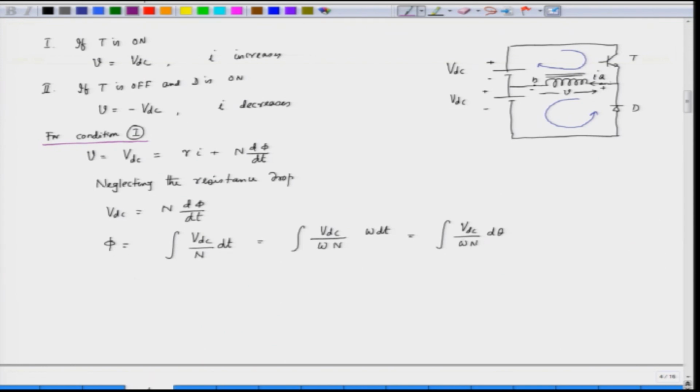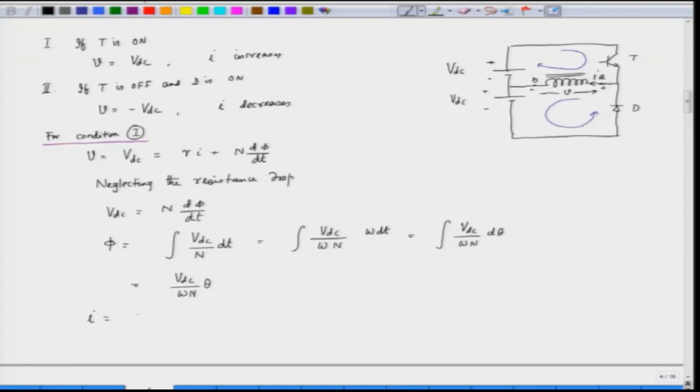So, the flux is given by the integral of VDC by omega N into dθ. If we integrate this, we get VDC by omega N into θ. So, we see that the flux in this case increases linearly with θ. Similarly, when we apply minus VDC, flux will decrease linearly with θ. So, this is the conclusion that we have here.